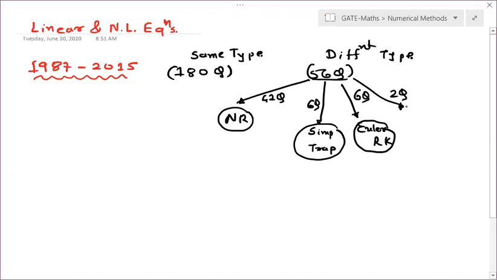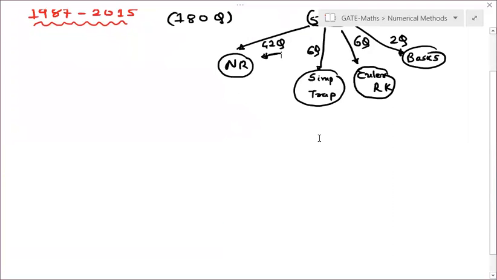And 2 questions they asked from basics, those questions we already saw. Okay. So this is your analysis of questions from this chapter. So that's why we are going to start with the Newton-Raphson method. Are you getting my point? Because from Newton-Raphson they are asking the maximum majority of questions. So let us first see the Newton-Raphson method.